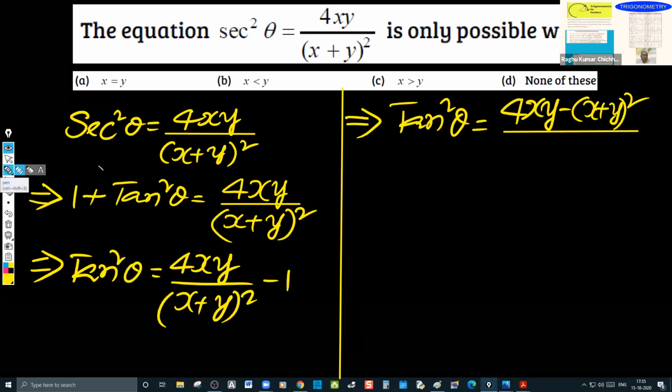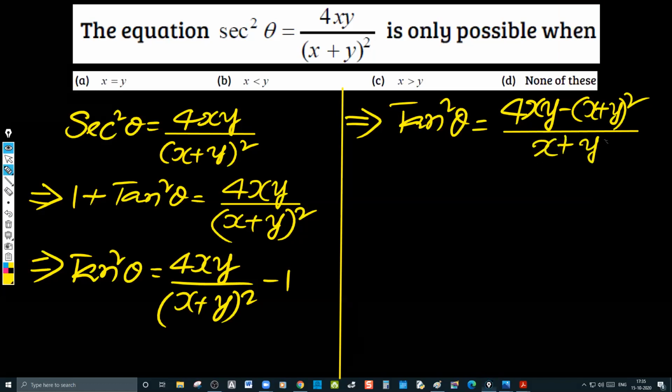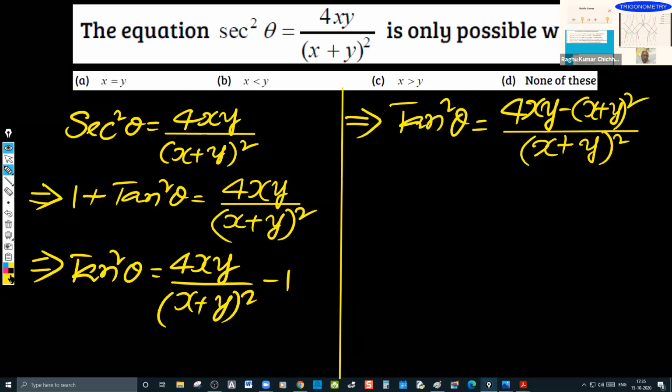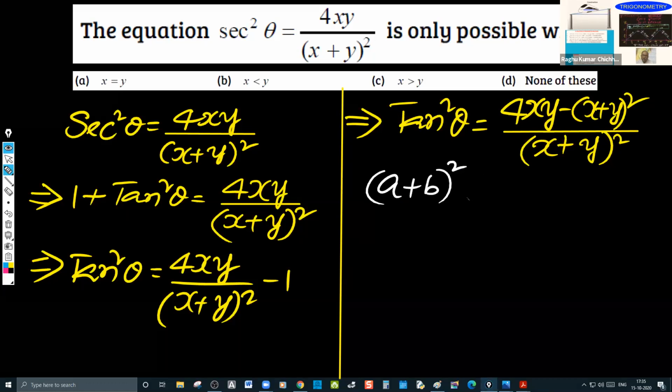Now tell me how the numerator can be simplified. You can expand (x plus y) whole square and simplify it. Tell me any related direct formula for that. I'm writing that separately: Maurya, (a plus b) whole square minus 4ab.